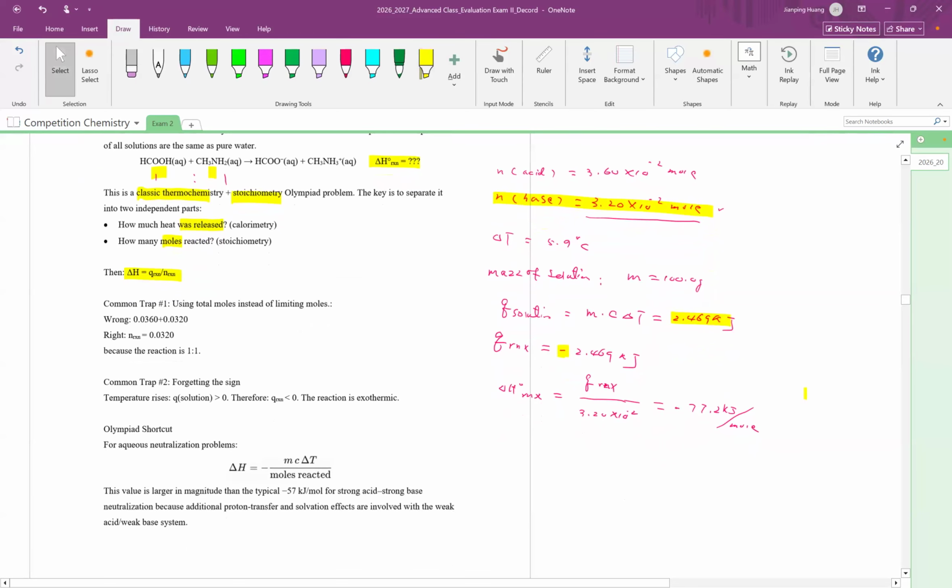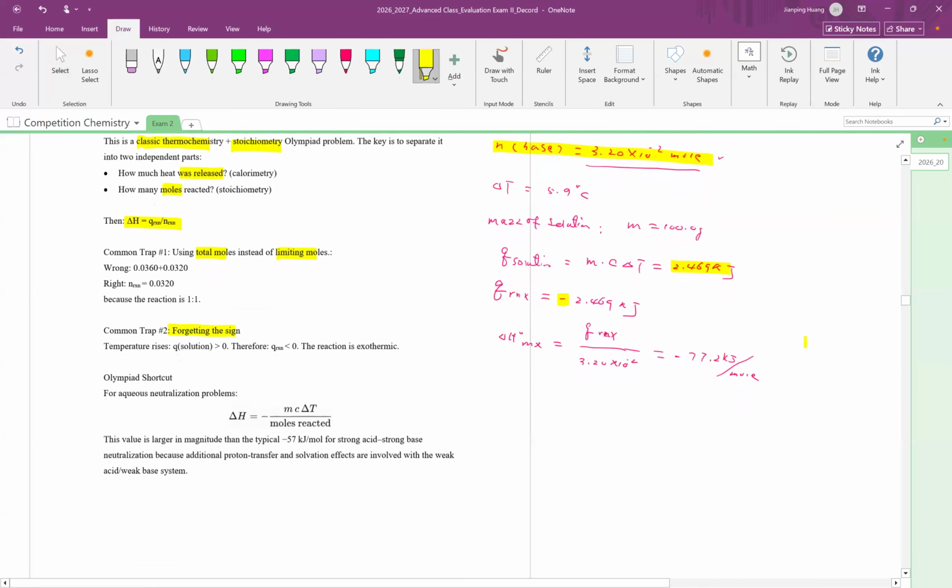The trouble is what? Use total mole. No, we have to use the limiting agent. You cannot use total mole. Okay? Right? You cannot do total mole. The second one, as I said all the time, you need to pay attention to your sign. Okay? Pay attention to the sign.